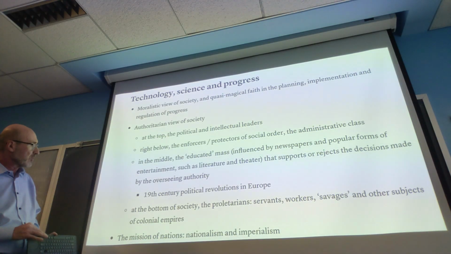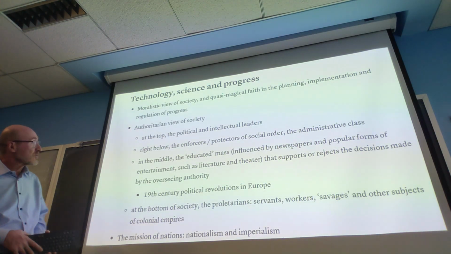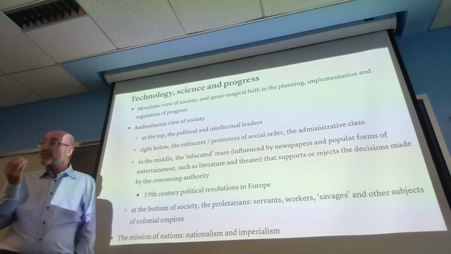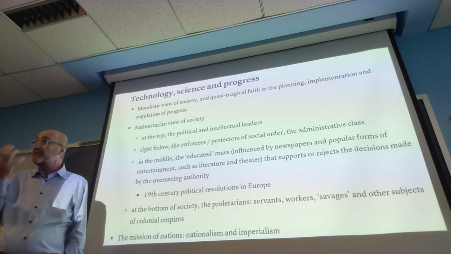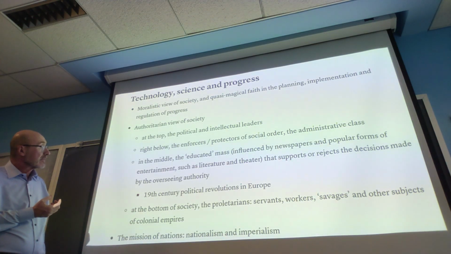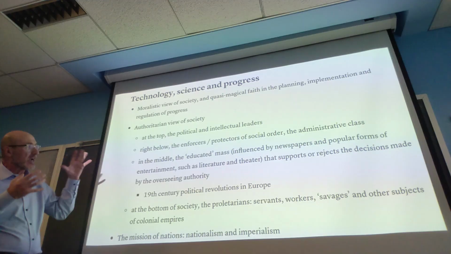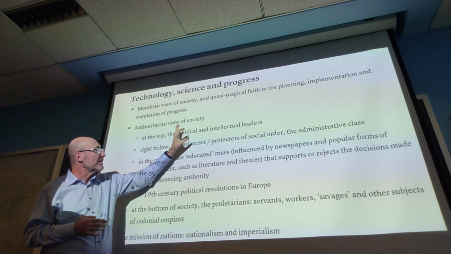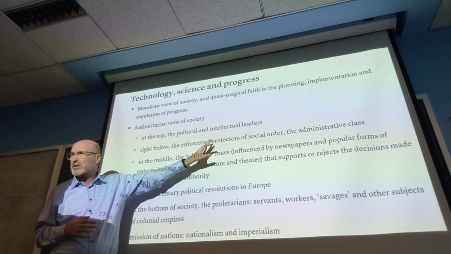We talked about the moralistic view of society, but keep in mind specifically that in here you have a very conservative view of society. In the novels, like the one that we read, you find a society structure as a pyramid. At the top, you find a small elite of political and intellectual leaders.